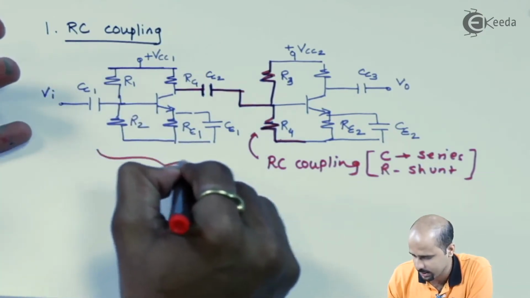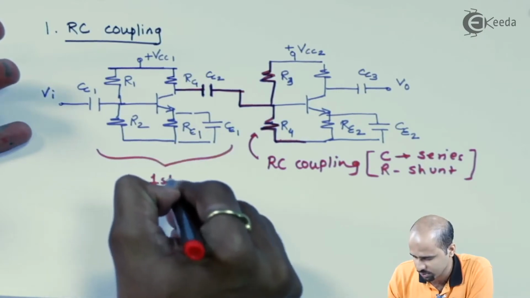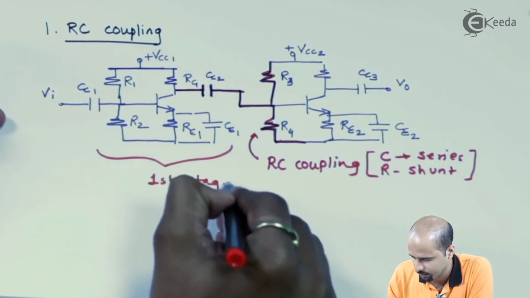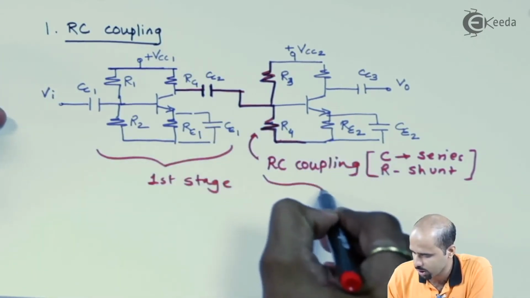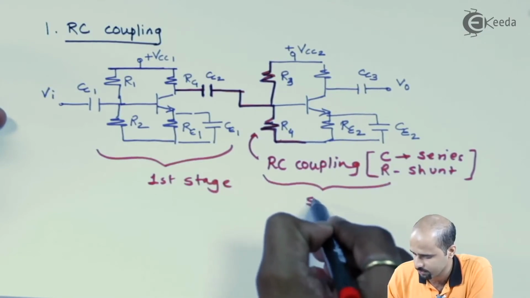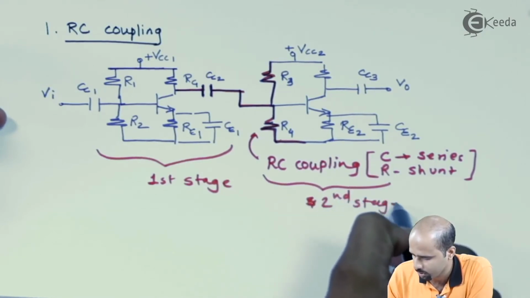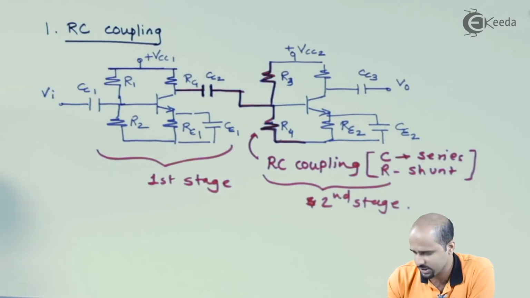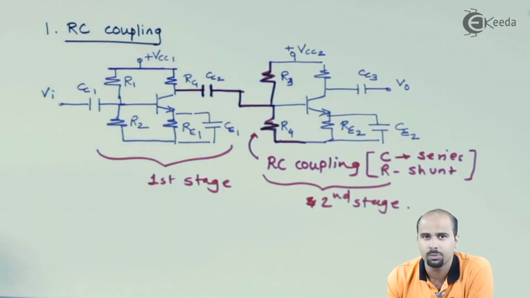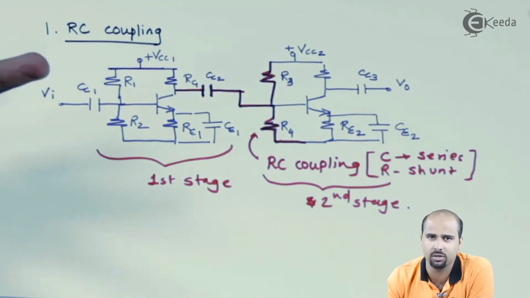So this is your first stage and this is your second stage. In this semester, we just have to learn the two-stage amplifier, but it is possible to have a multi-stage amplifier with 10 stages, 5 stages, 4 stages.